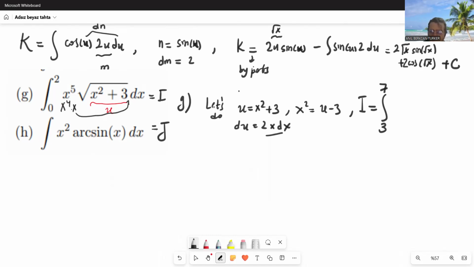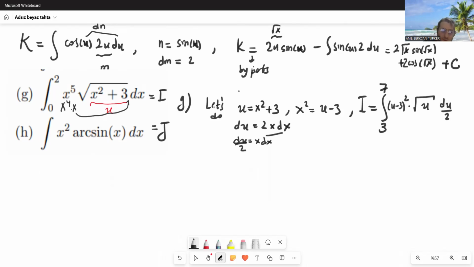So what you get is u minus 3 to the power 2 times square root of u, and we just borrow 1 x, so we have du over 2, because du over 2 is x dx, and we just borrow 1 x from here to make it x dx. So this is correct.